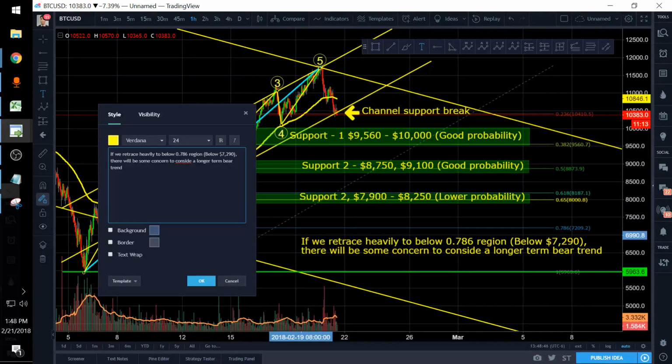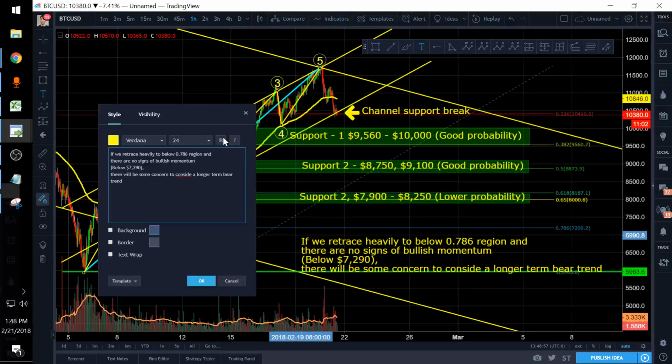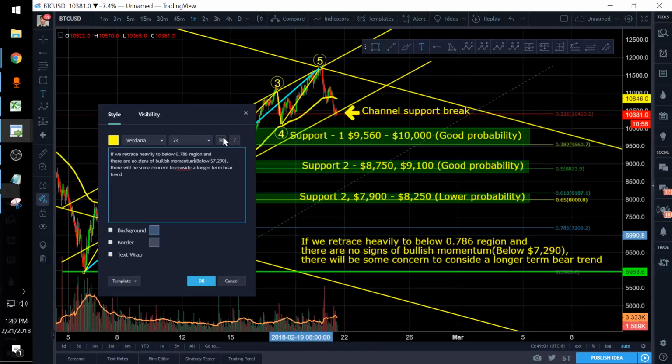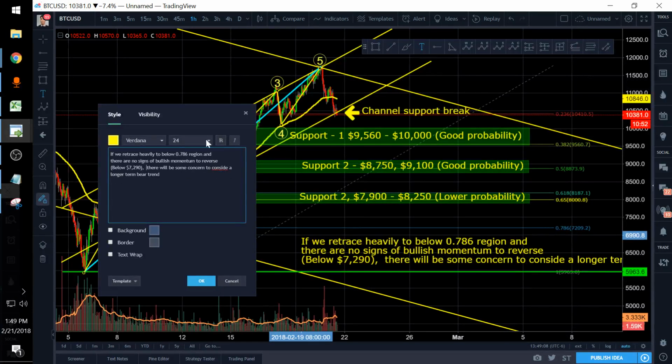If we retrace to this region heavily and there are no signs of bullish momentum to reverse, right? That makes sense to you guys, right? I'm going to actually just copy and paste this in here.